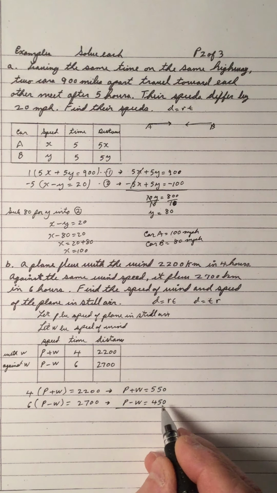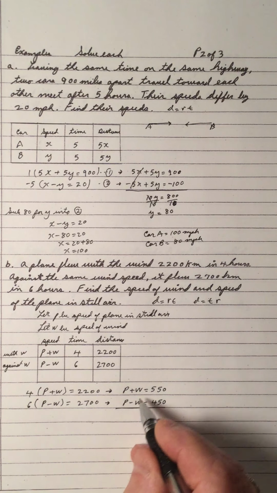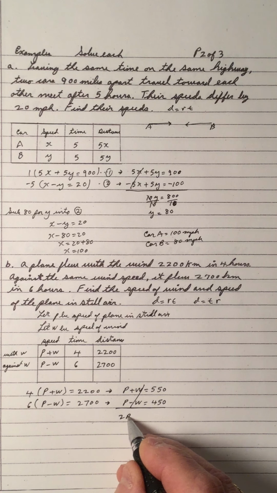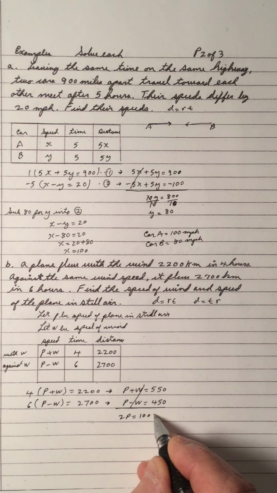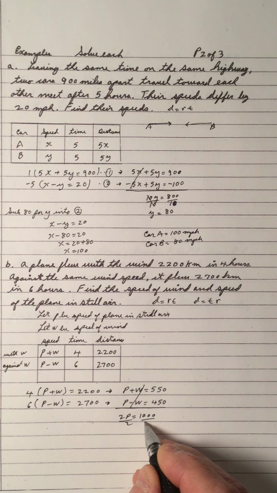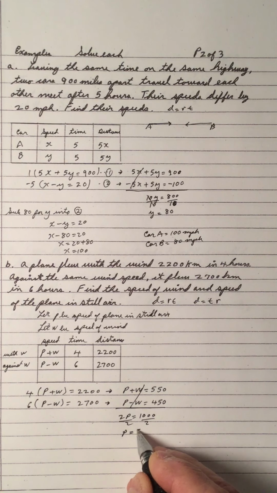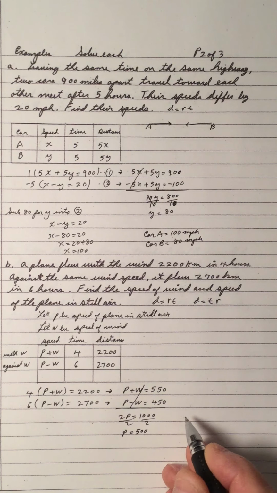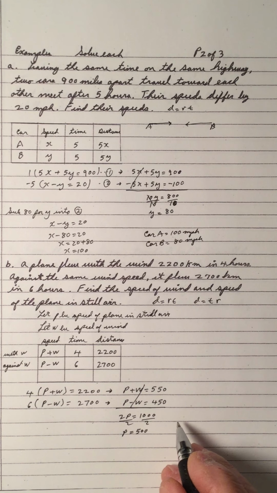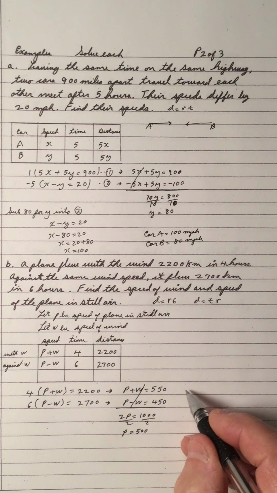And divide by 6 into 2,700, you get 450. Because this is a quick way of doing it, the W's cancel and you get 2P equals 1,000. Divide by 2, so P becomes 500. So the plane is going at 500. Which equation do you want to go into?